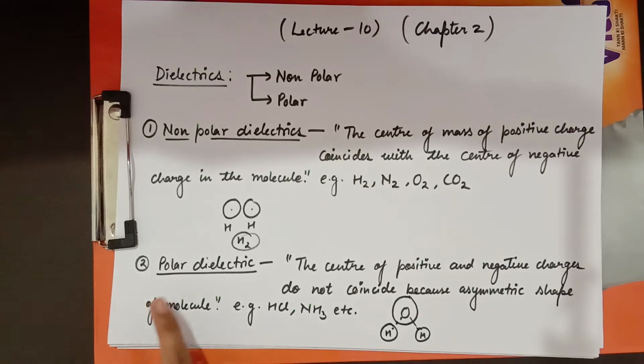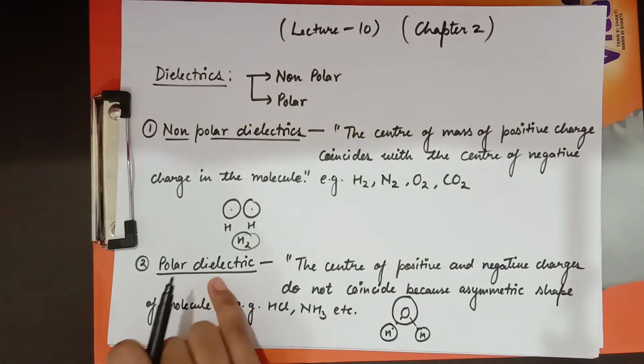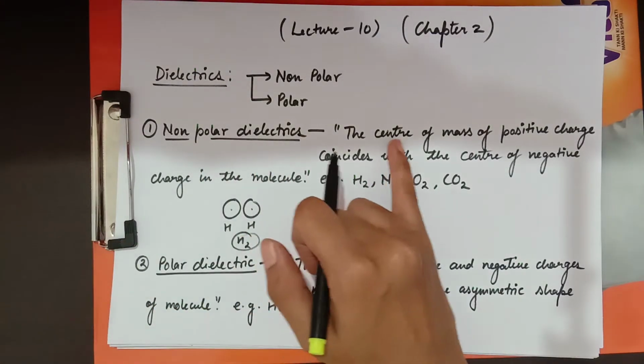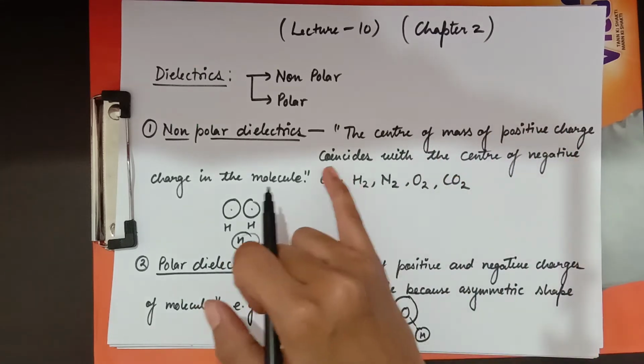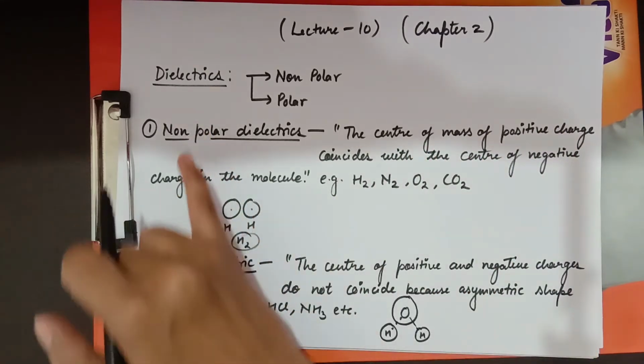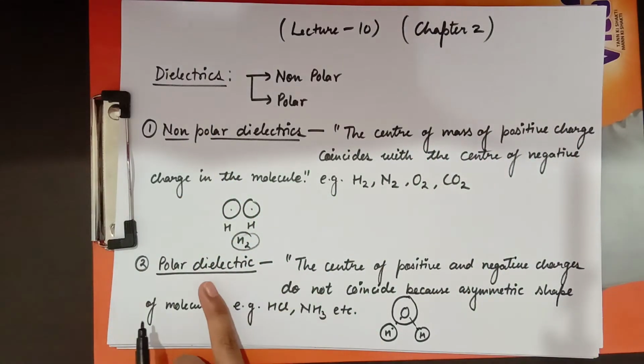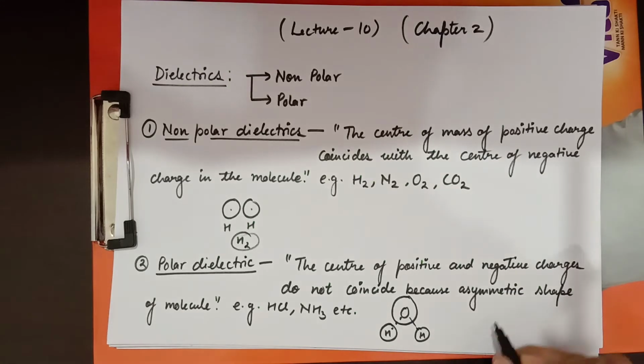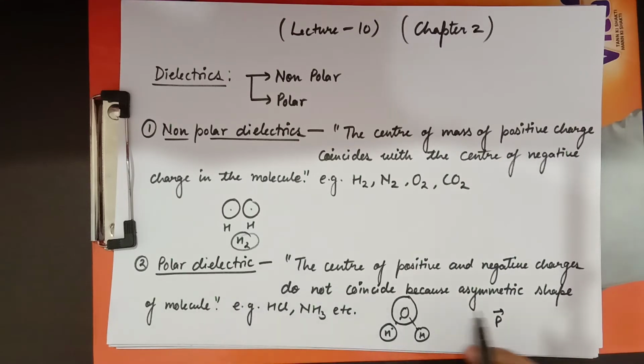The centers of positive and negative charge coincide in non-polar, but in polar dielectrics they do not coincide, meaning it will have some dipole moment. As you know, the dipole moment p equals q into 2l. So a polar dielectric will have some dipole moment.